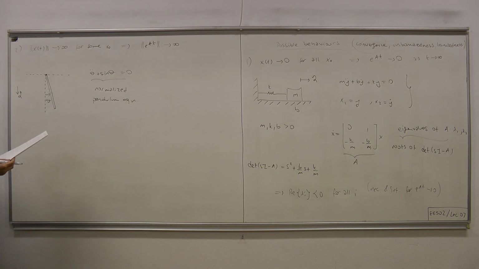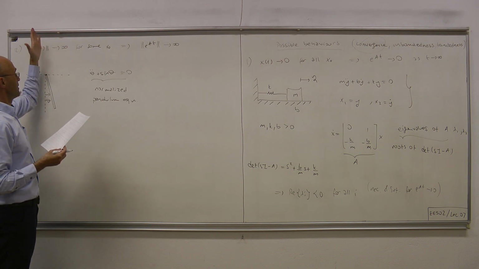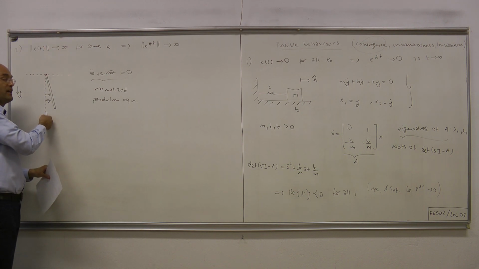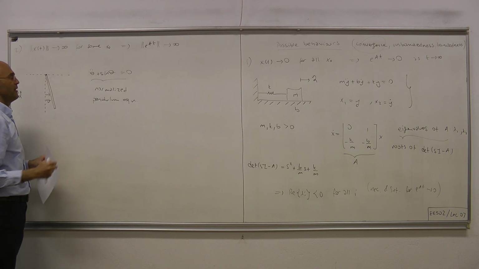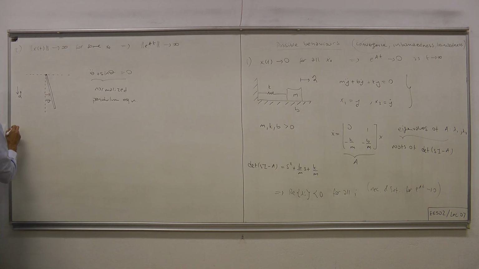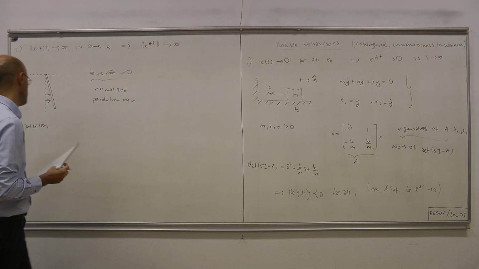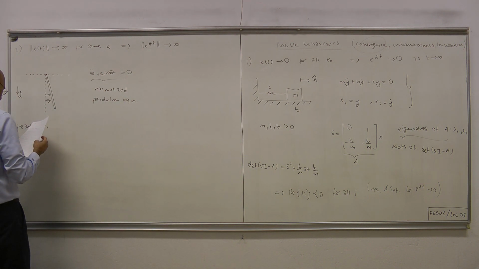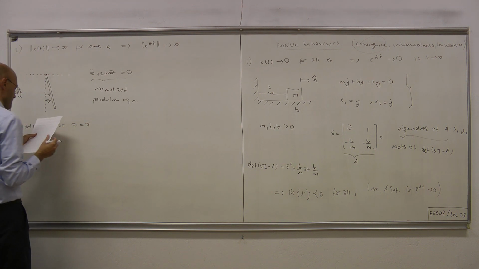Okay. Now let's linearize this system at the unstable equilibrium point. It has two equilibrium points. One is theta equals 0 and theta dot equals 0. And there is theta equals pi, and theta dot equals 0. So if you linearize at the upright position, which we know from experience is unstable, that is linearization at theta equals pi.